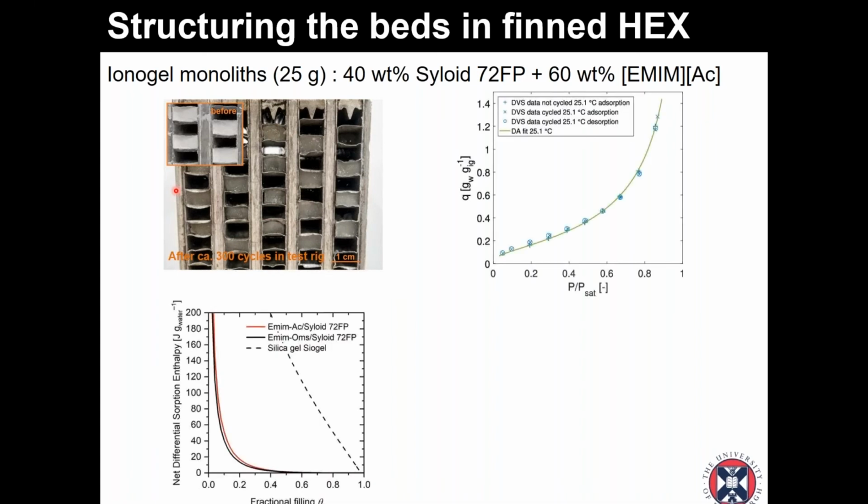Now we have measured again the equilibrium isotherms of this material at 25, and this is the equilibrium isotherm measured before and after 300 cycles.